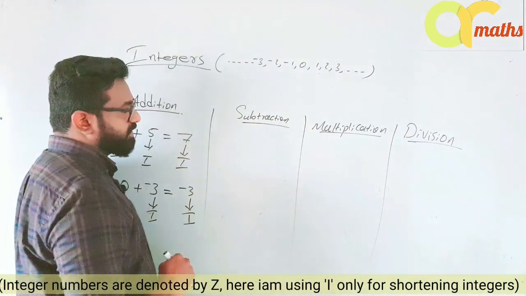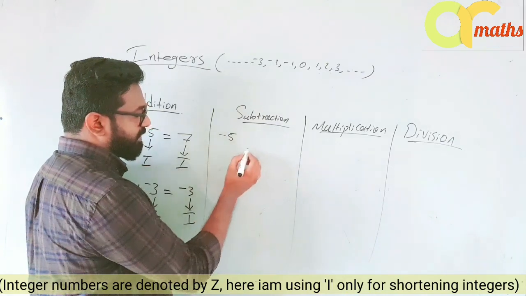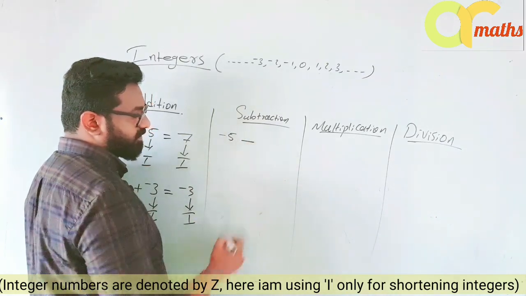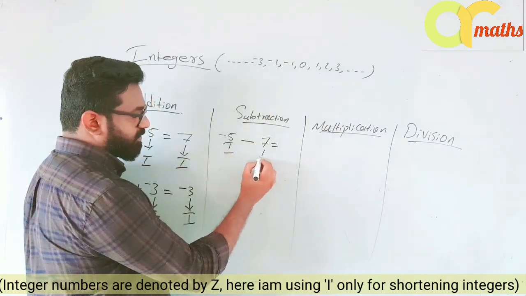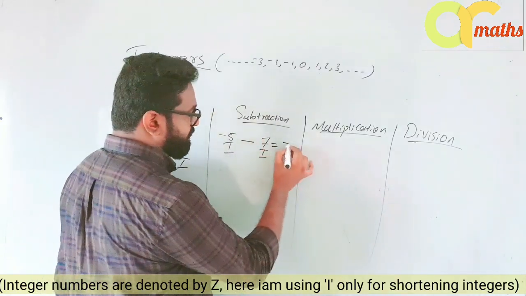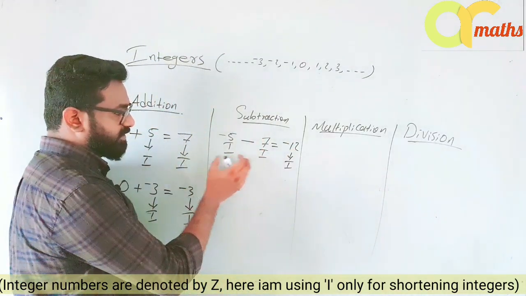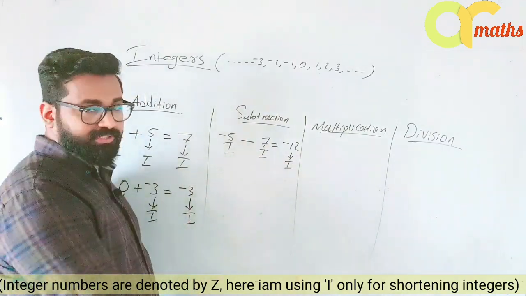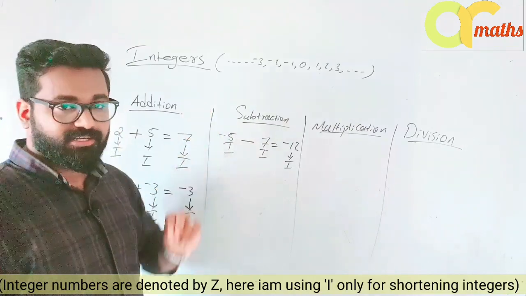Next, in the case of subtraction, listen here. Take an integer, minus 5, minus 7. This is an integer, and this is also an integer. So minus 5 minus 7 is minus 12. So minus 12 is also an integer. The input is an integer and the output is also an integer. So integers are closed under subtraction.